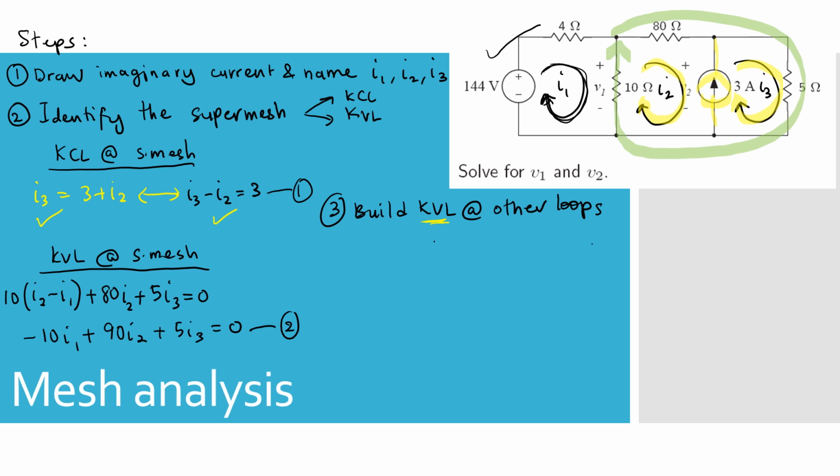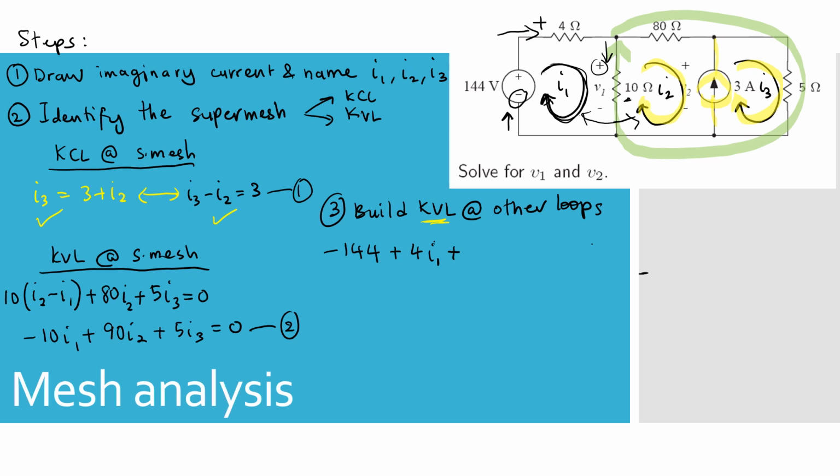Okay, let's start from the 144 volt here. Current is entering this voltage source, and we will see a negative sign. So this is 144, and it flows this way, which is the 4 ohms. Entering 4 ohms, we will have a plus sign, plus 4 into I1. And then if you want to use the 10 ohms here, which is shared between 2 imaginary currents, you can do so.